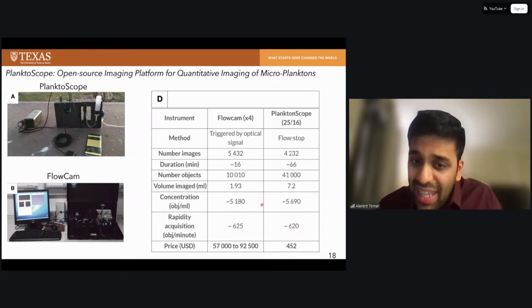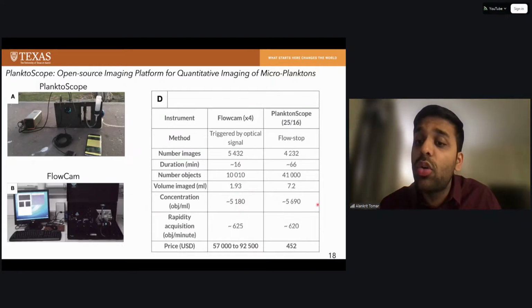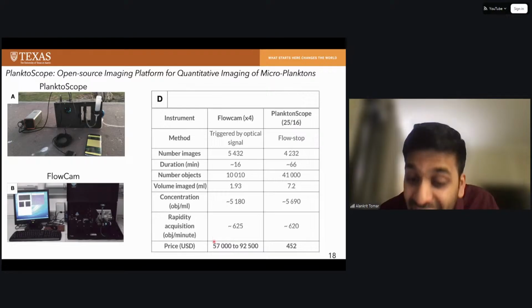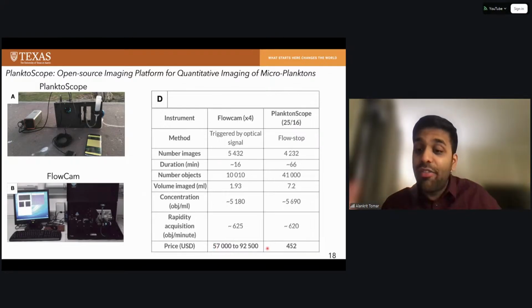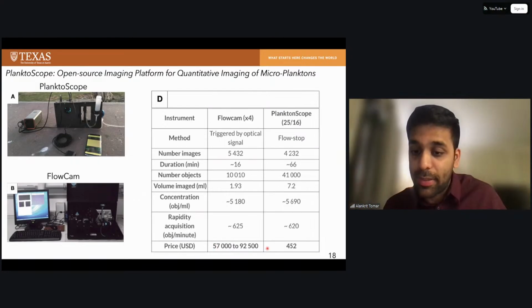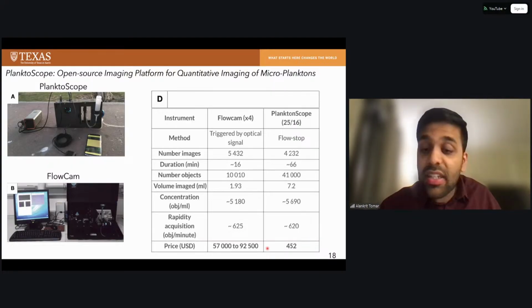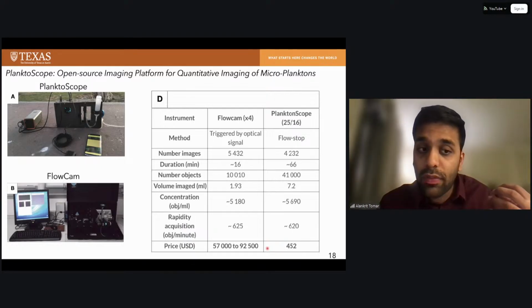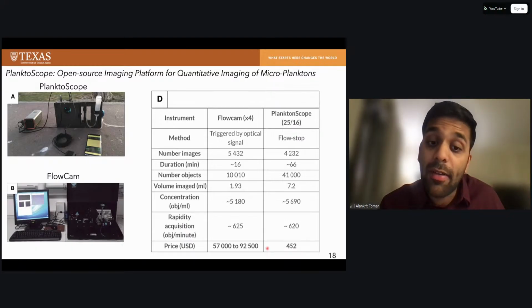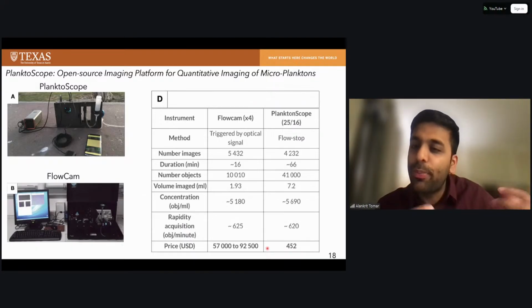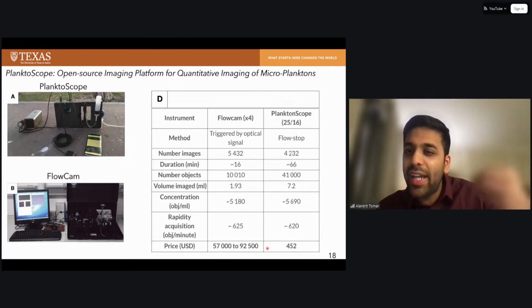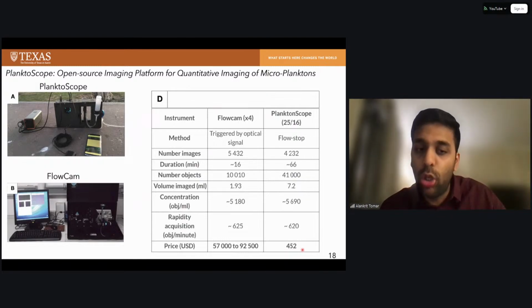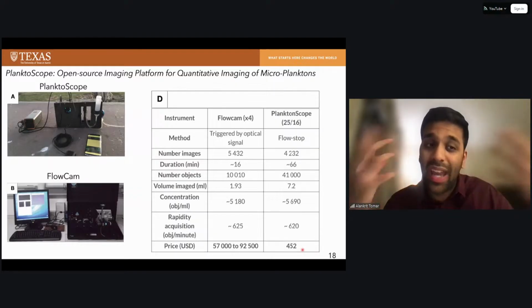There is a difference in the performance, but not by a huge factor. But you can see that the cost is significantly higher. It's more than 100 times. So this is really important to understand that the performance of commercial products can be really high, but the cost will also be really high. So the goal is to create high performance with low cost so that it is more accessible.